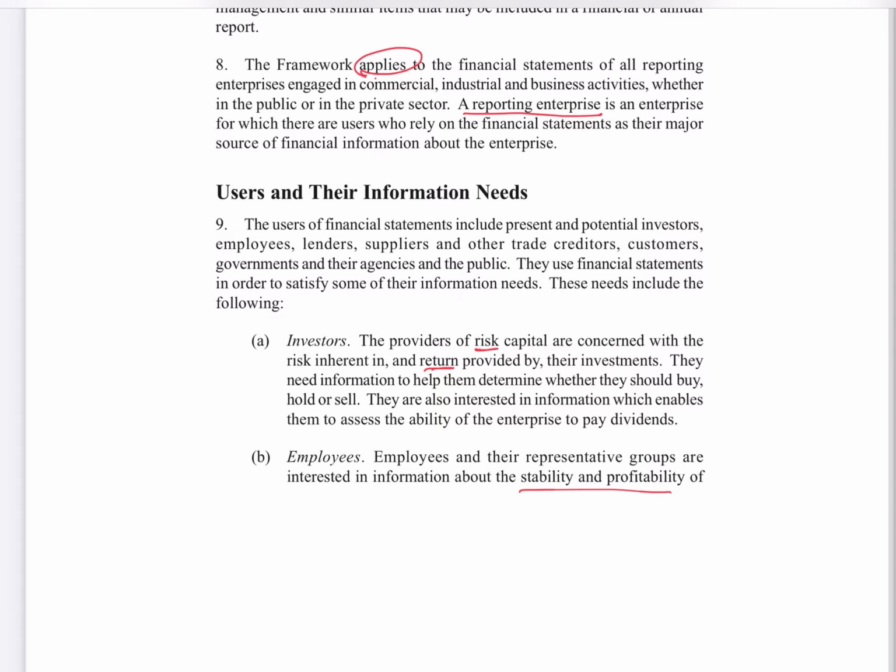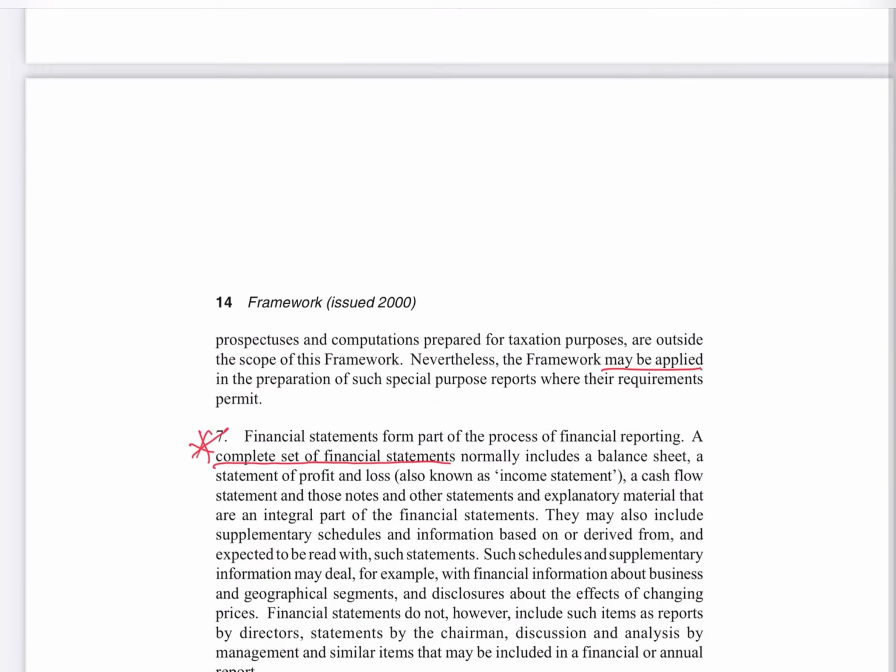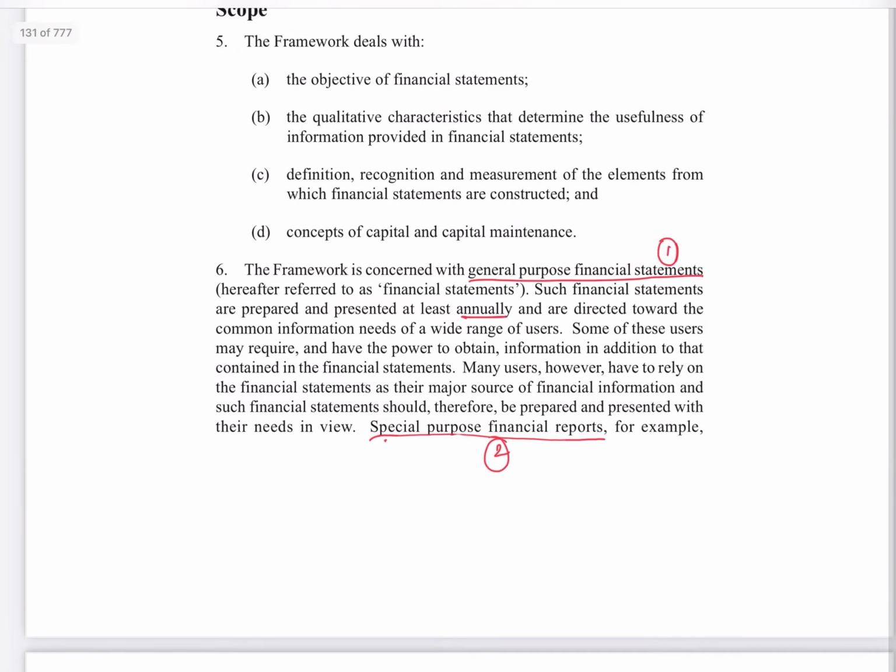Okay, so these are the users, and this is the purpose. This was the purpose of understanding the financial statements, and that was the reason accounting standards came into the picture. So when we say financial statements, these are general purpose financial statements, and the information we get from them is used by a huge, wide range of users.